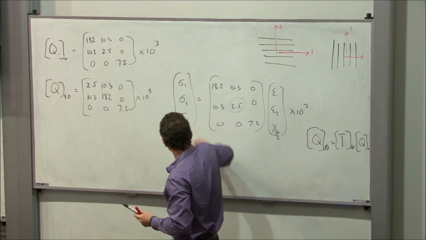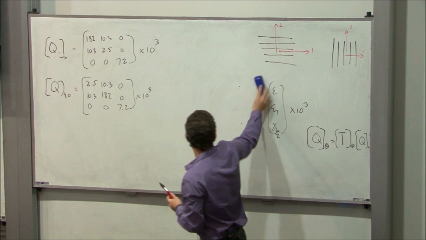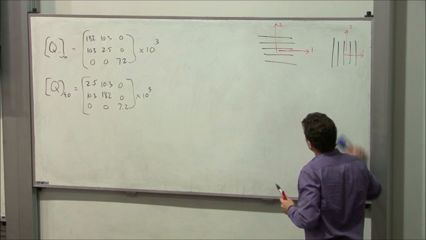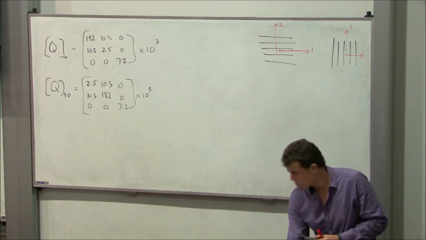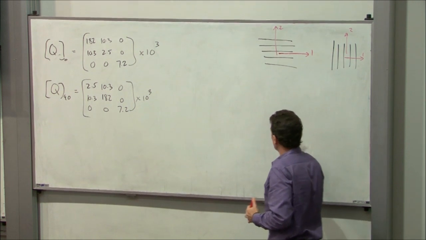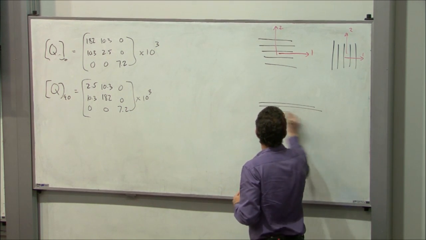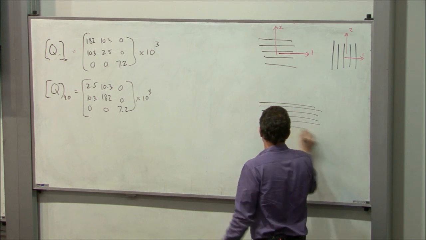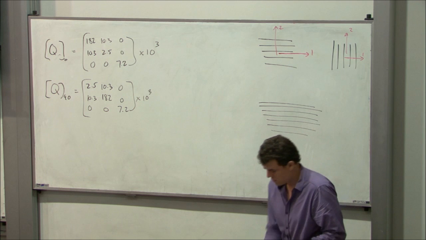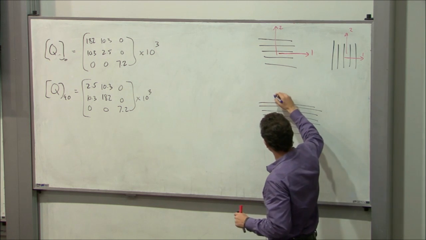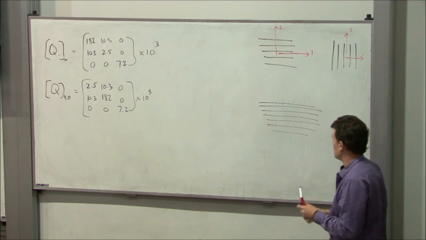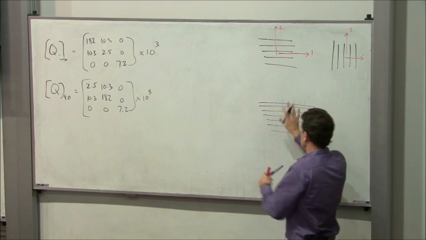Okay, so armed with this knowledge, we're going to make a simple laminate. And this laminate's going to be called a cross-ply laminate. So a cross-ply laminate just means that we've got one layer of fibres like this, the next layer of fibres at 90 degrees, the next layer of fibres at 0, or some combination of that.